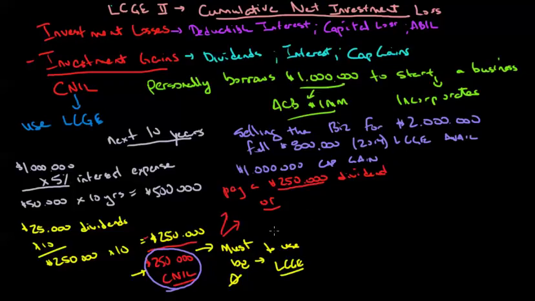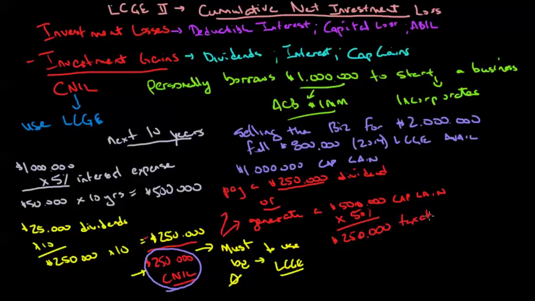Or they would have to generate and pay tax on a $500,000 capital gain, which, with a 50% inclusion rate applied, would be a $250,000 taxable capital gain. You'll recall this from the videos earlier covering taxable capital gains and capital gains.